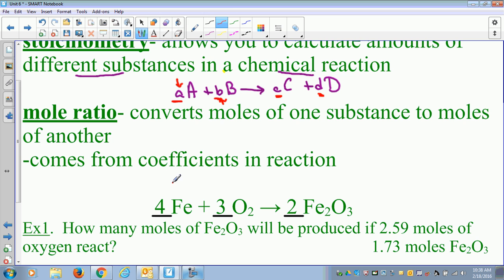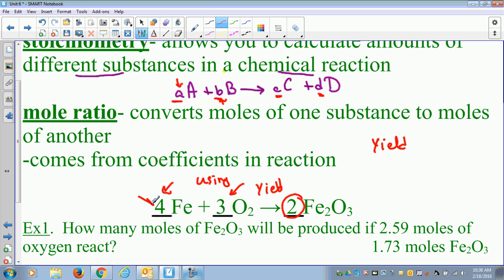So 4 moles of iron is using 3 moles of oxygen to yield, I don't want you to call this a thing or arrow, it is yield. So 4 moles of iron need 3 moles of oxygen to yield 2 moles of iron trioxide.